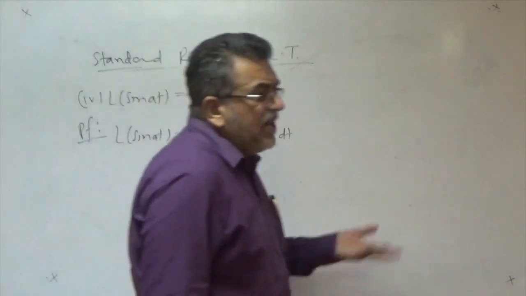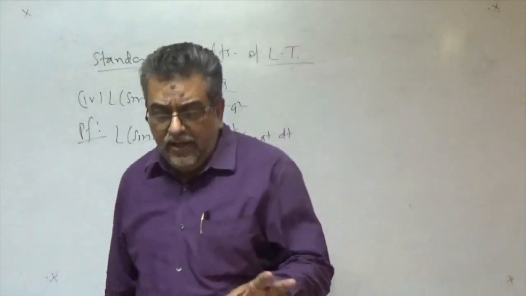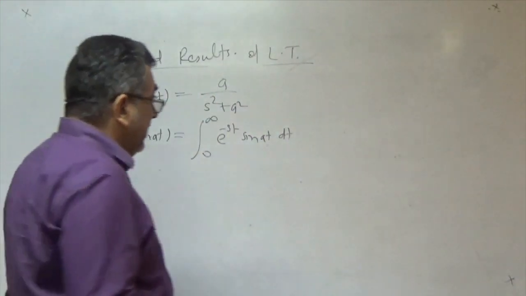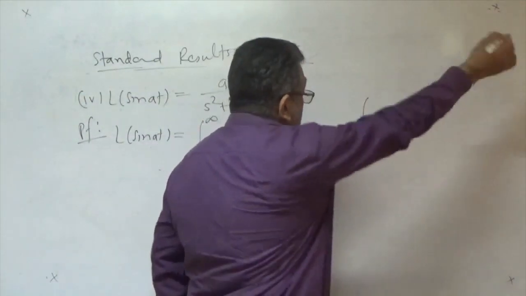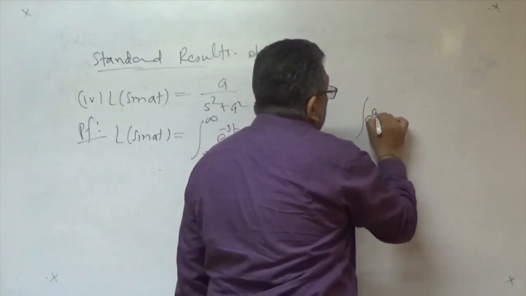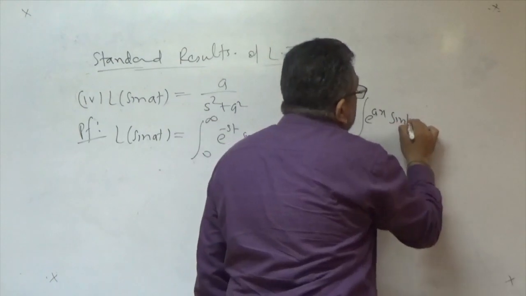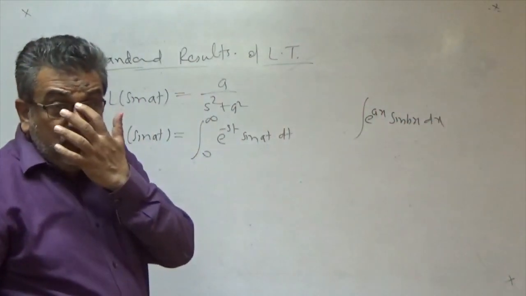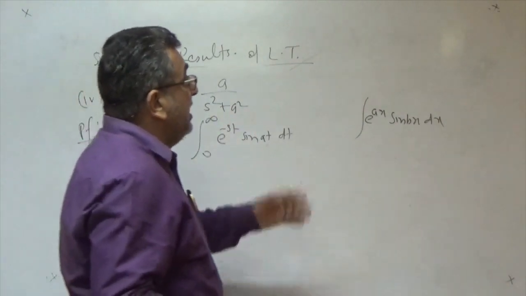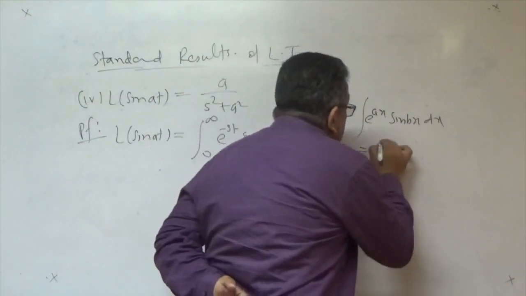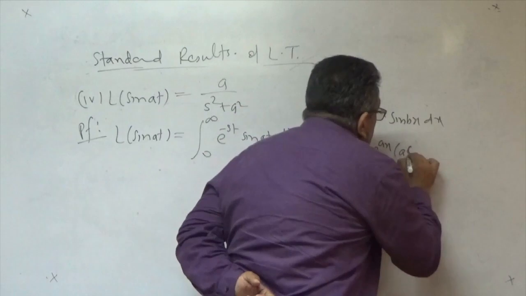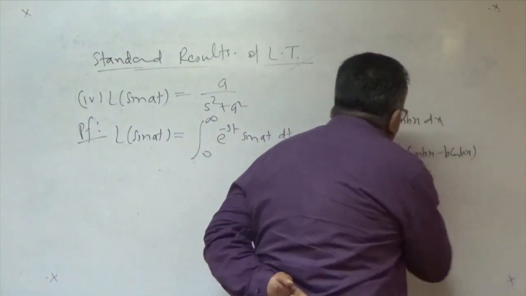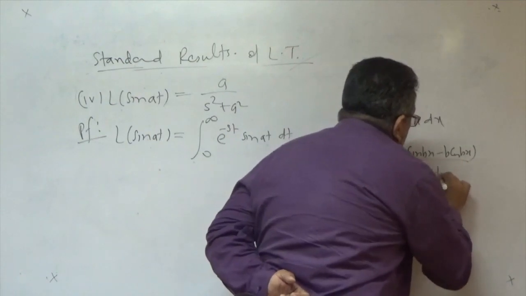You have a standard formula for this type of integral. I remember this formula, the integral of e to the power ax sin bx, in the reduction formula in class 11, 12 integration. This is e to the power ax times (a sin bx minus b cos bx) upon a square plus b square.